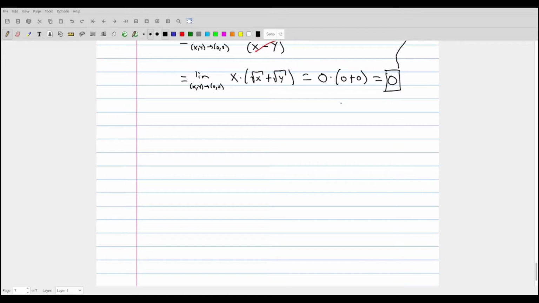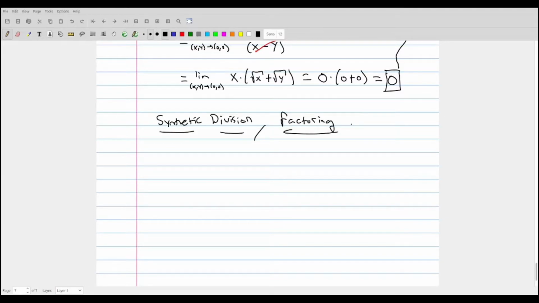Another technique that's very, very useful is what's called synthetic division. So factoring, synthetic division.